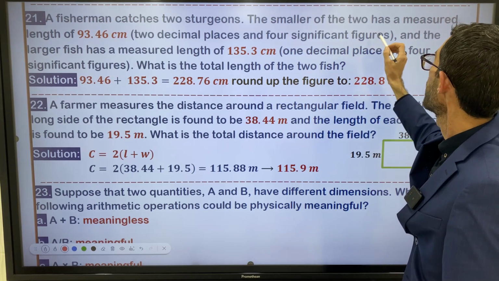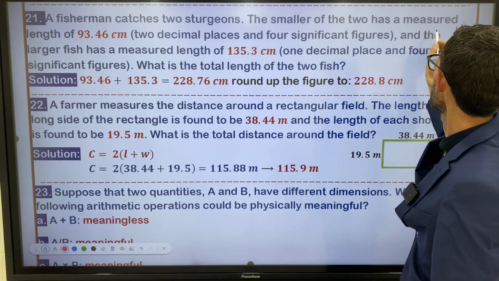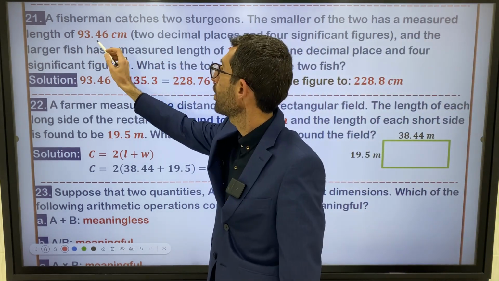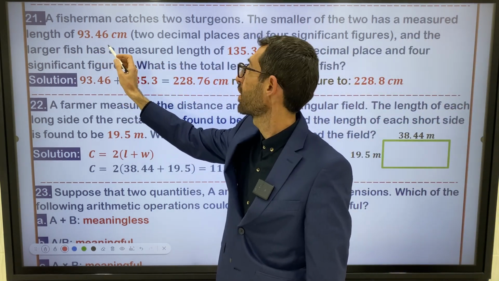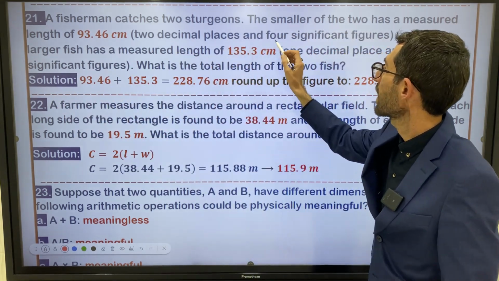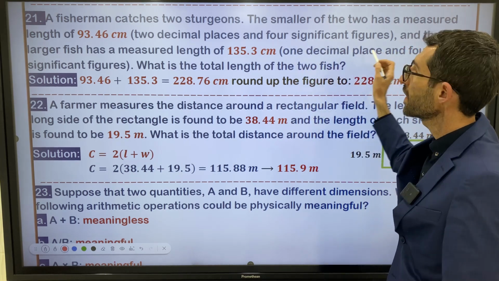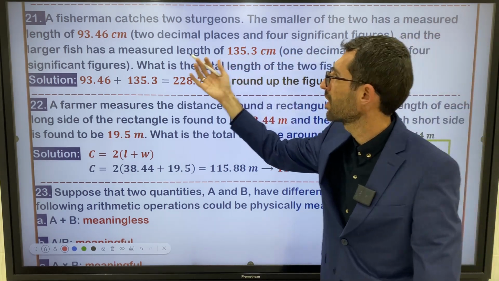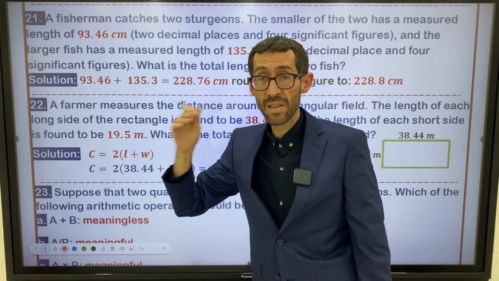The smaller of the two has a measured length of 93.46 centimeters, 2 decimal places and 4 significant figures. It describes the number.